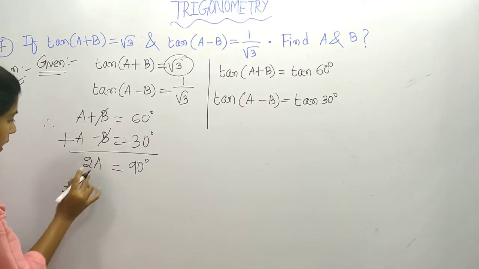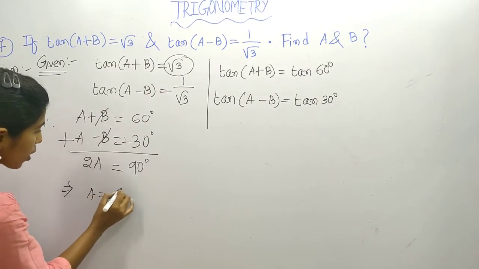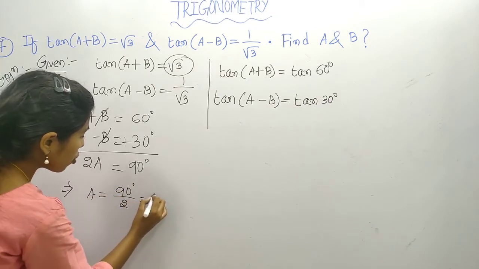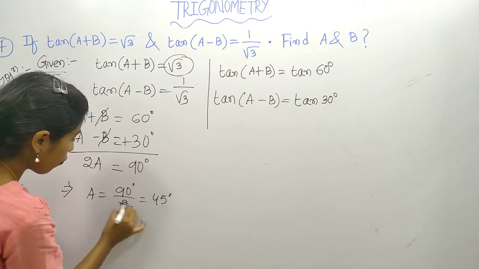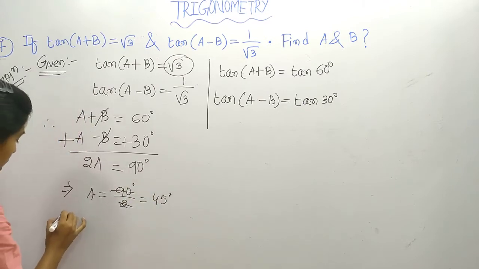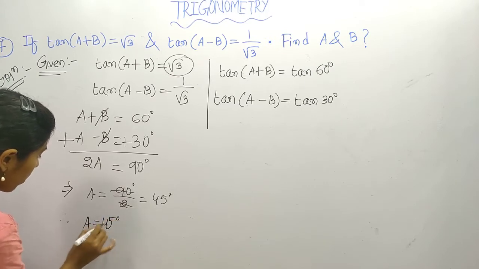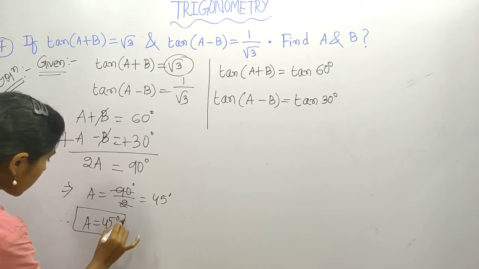That implies we have to find A. A equals 90 degree divided by 2 equals 45 degree. Therefore A equals 45 degree, right?